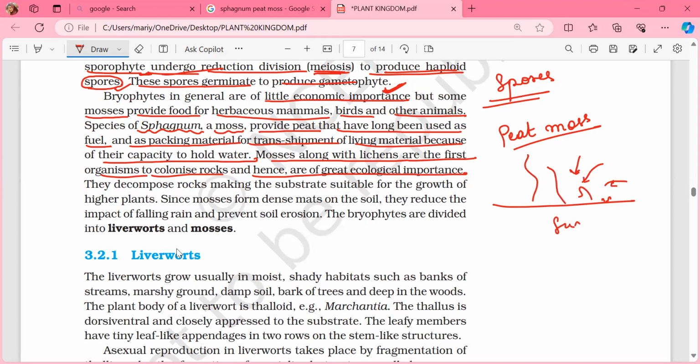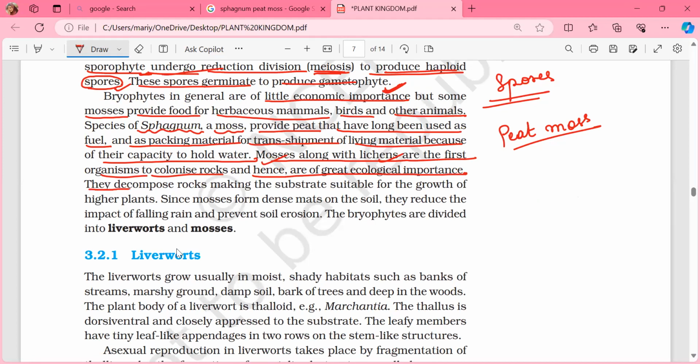This is known as succession. So, succession usually begins with the mosses and the lichens. Meaning the inhabiting of a new land is succession, and it is done initially with mosses and lichens. So that is why mosses are so important.